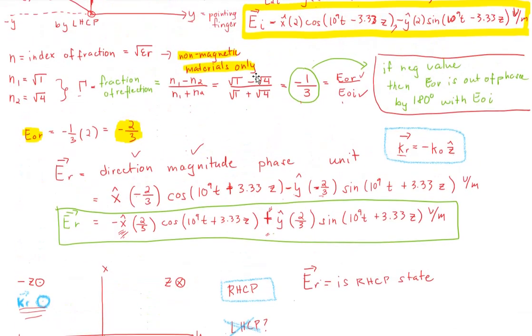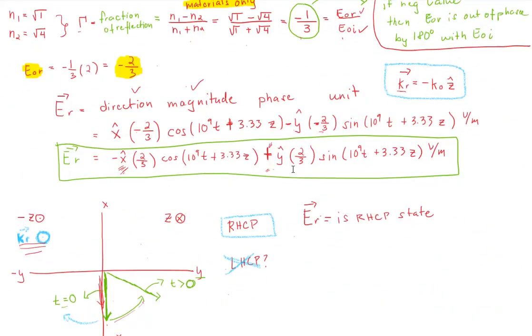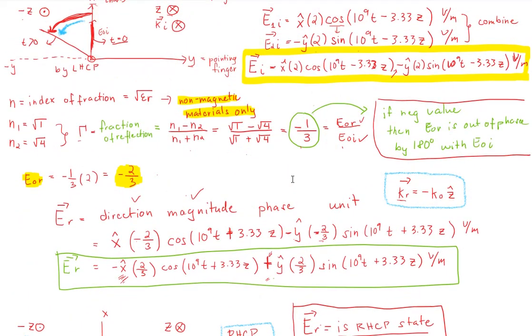Okay, and that is what it's asking here. What is the polarization state of the reflective wave? So the reflective wave, E's of R, is RHCP state. There we have it. I hope this is clear.